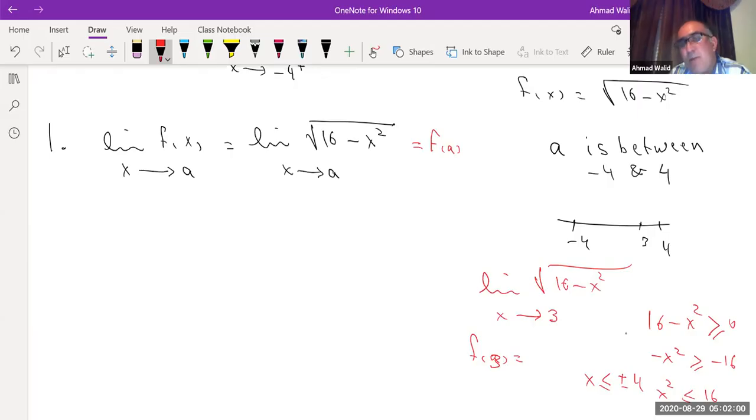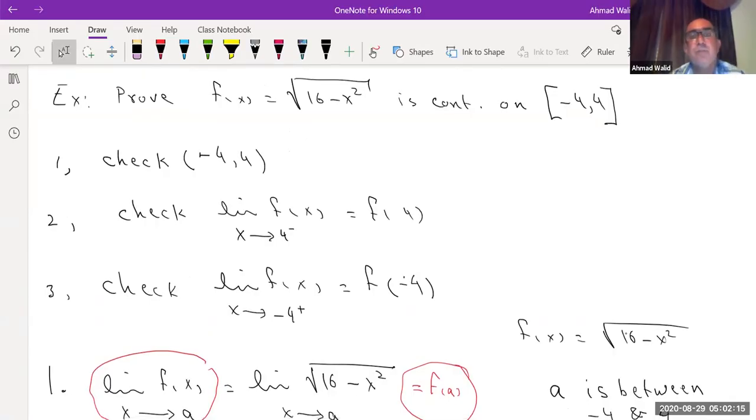If you go this way, plug in 3, it gives you again the square root of 7. It means your limit of f of x as x approaches a equals f of a. That was our goal to prove in an open interval. It means this one is correct.